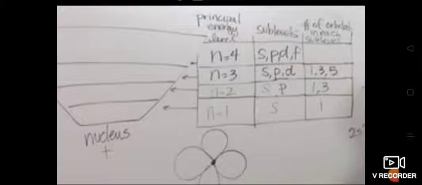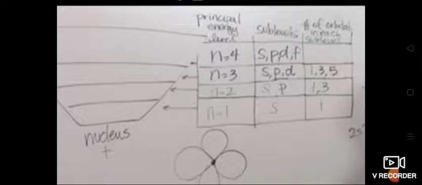If n is 2, what sublevels are there? S and P. Number of orbitals: 1 s orbital and 1 p orbital. In that, 1 p subshell has 3 orbitals, so together 4. It goes on like this.